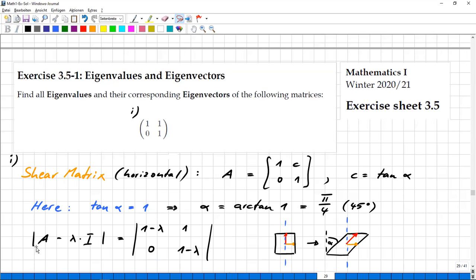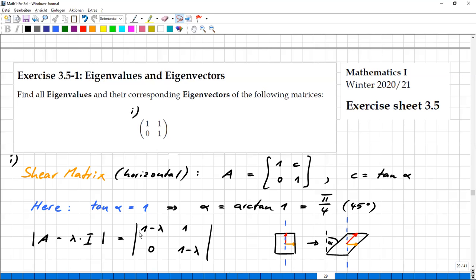And then we take the determinant of this construction, which is matrix A minus lambda, unknown, times the unity matrix. And what happens is always the same. The effect of this is that on every diagonal element, lambda, unknown, must be subtracted, and all the other elements of the matrix remain unchanged, of course. So we have 1 minus lambda here, 1 minus lambda here, and this remains 1, 0.